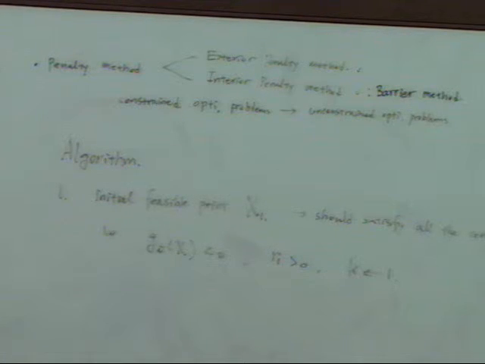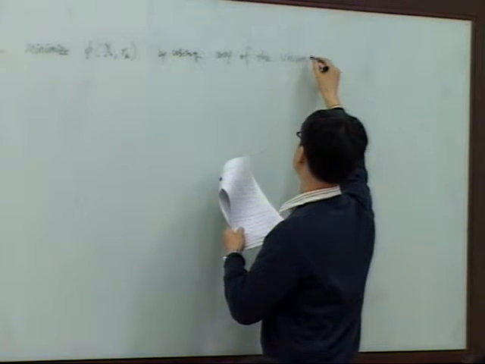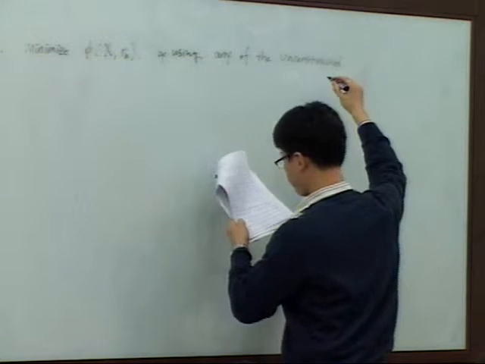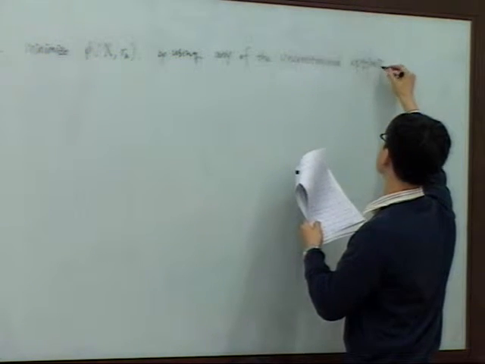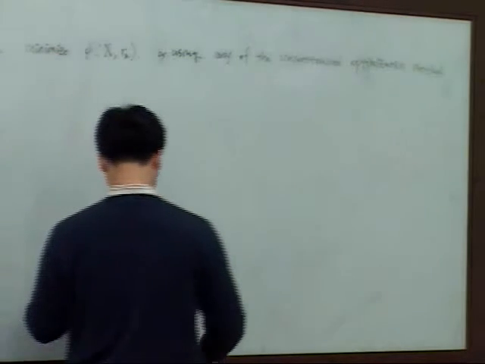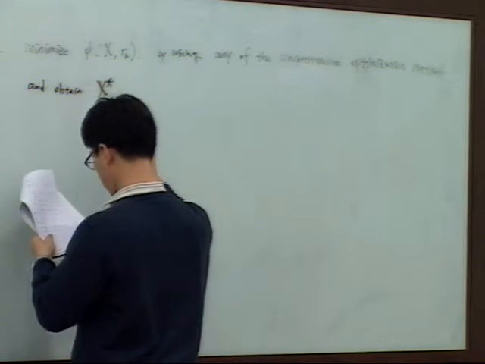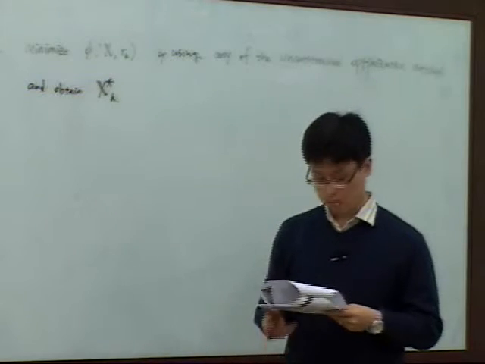In order to minimize this phi function, you can use any unconstrained optimization algorithm to obtain your minimum.